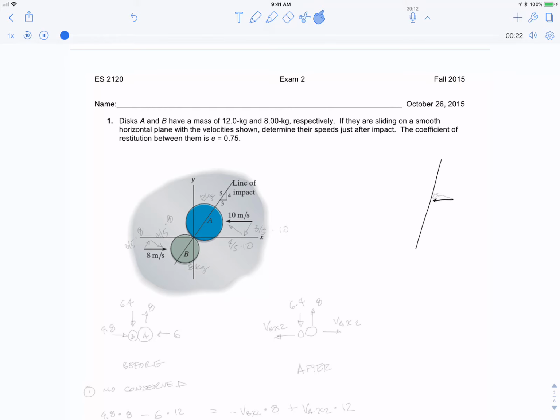If that's the 10, we want the part perpendicular to the impact and along the impact. You can see that the part along the line of impact is the small side, and the one perpendicular is the long side.